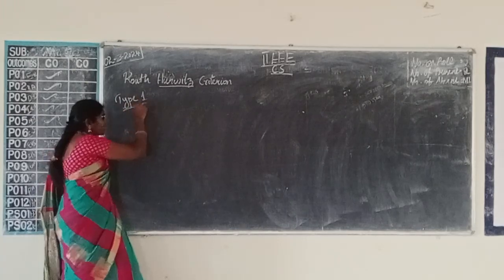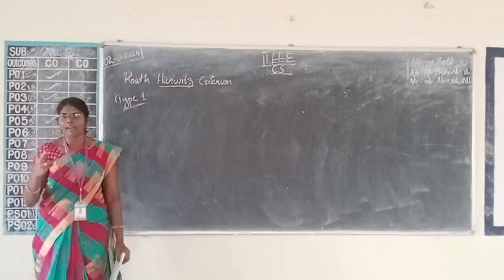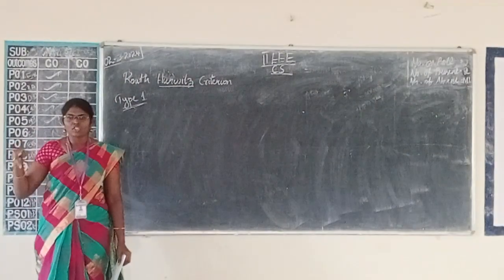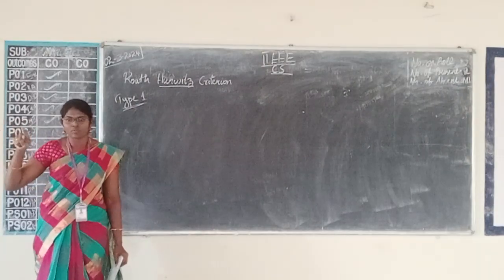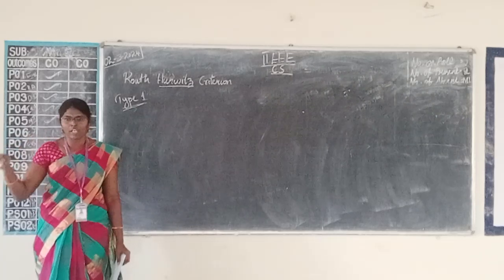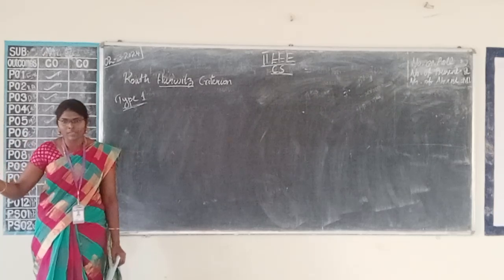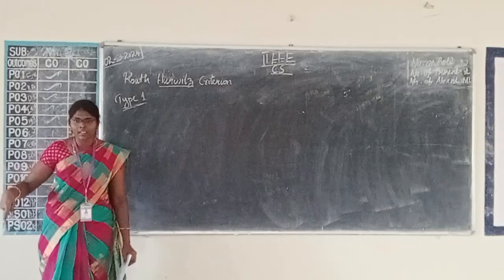In root locus problems, I have applied this first type. There are two methods to solve for the value of S. One is replacing S with j omega. The characteristic equation in S will be there. We replace it with j omega, and we substitute j squared as minus 1.